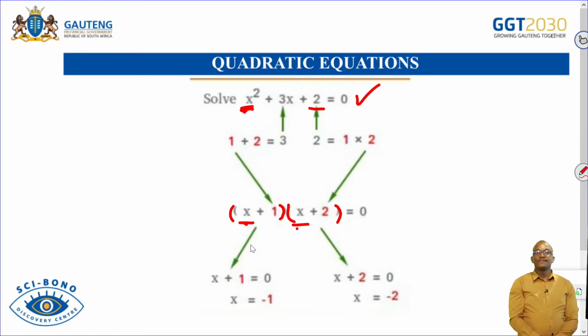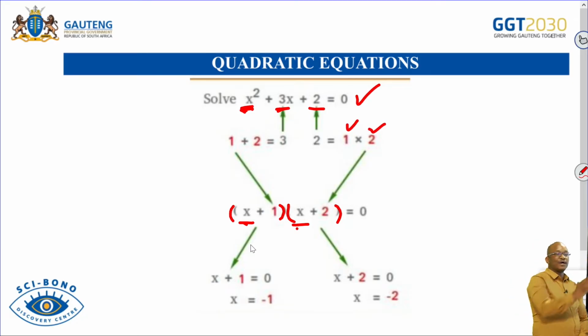We're saying we need the factors. By factors, I'm talking about the numbers that when we multiply, they give us 2. But when we add or subtract them, they must give us the middle term, which is 3. And the only numbers that when you multiply give you 2 are 1 and 2.